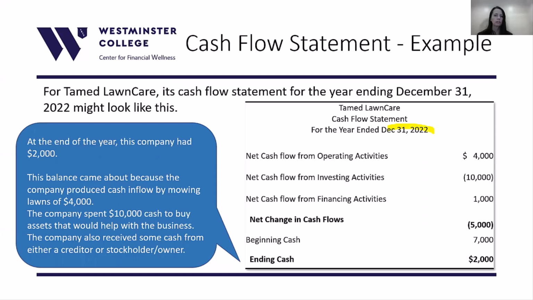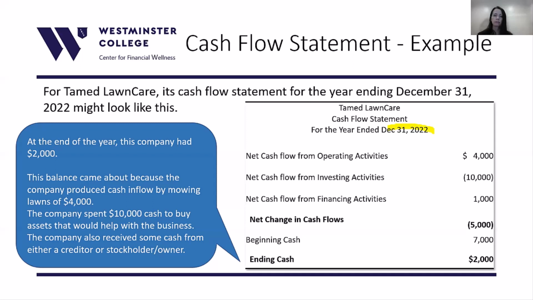It looks like they took some of their earnings and invested in some assets, maybe more lawnmowers, but it's an outflow. You can see that it's a $10,000 outflow. And then from financing activities, whether it be from a loan from the bank or somebody contributed more ownership capital into the company, they had an inflow of 1,000.